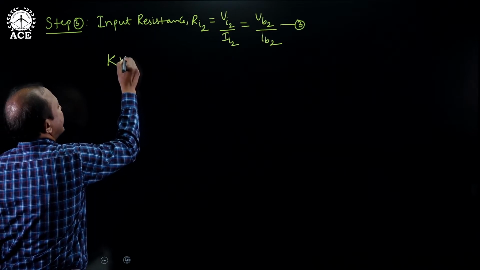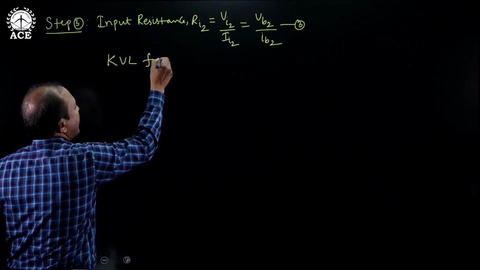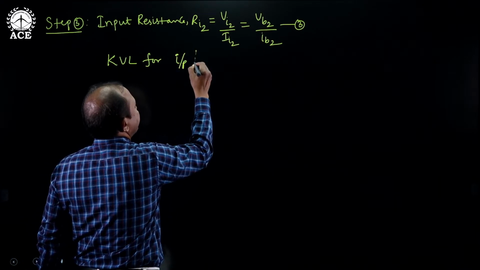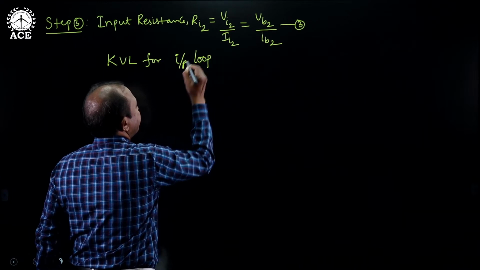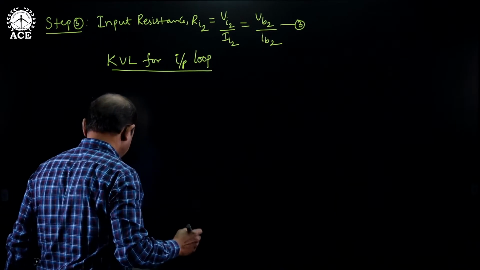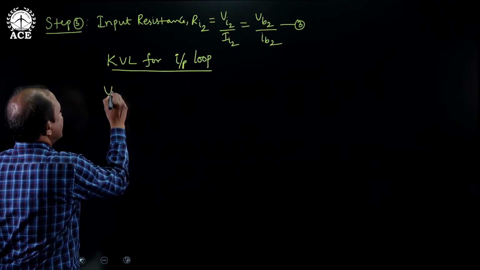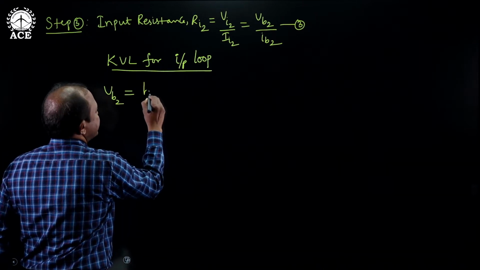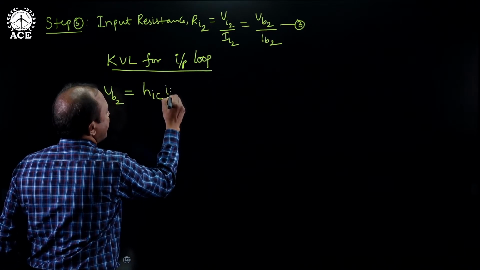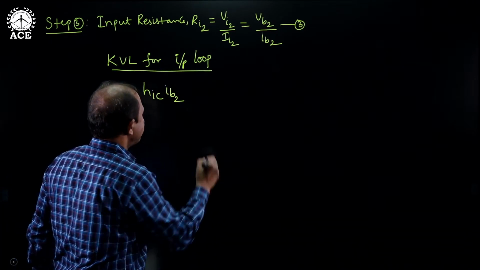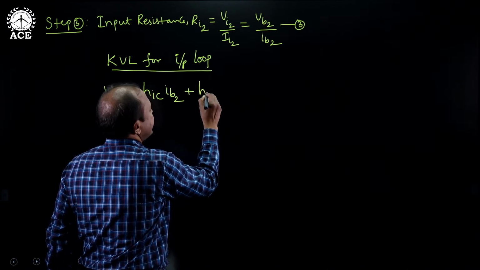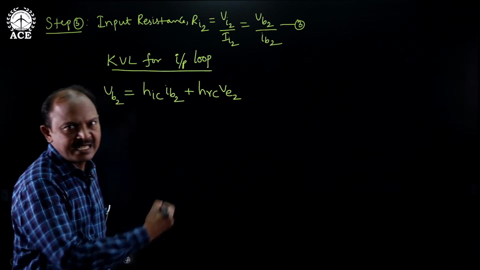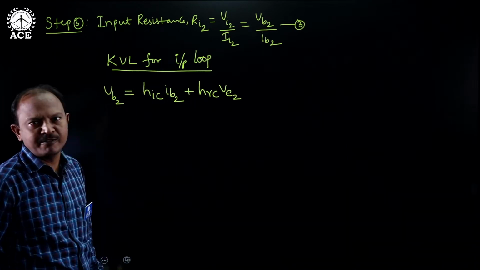KVL for input loop gives us VB2 equal to HIC IB2 plus HRC VE2. That is the equation we obtain by applying KVL for the input loop.